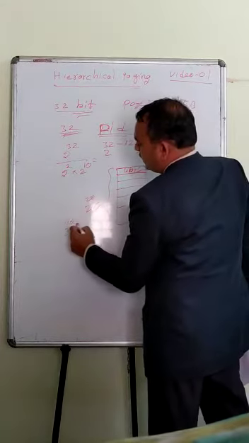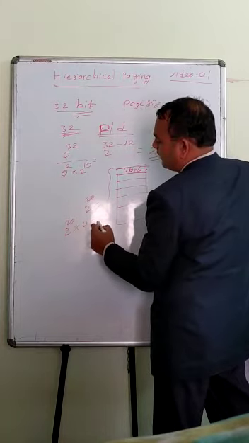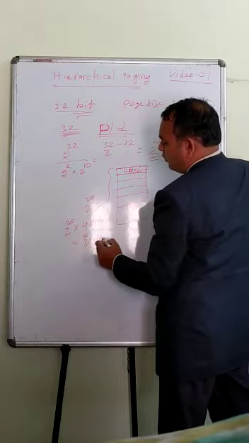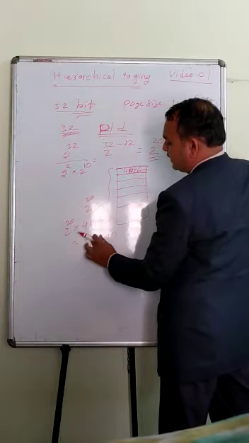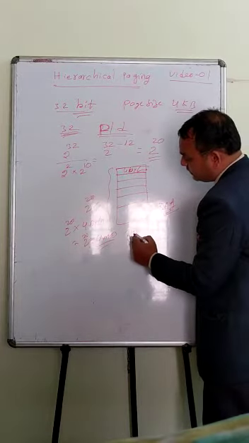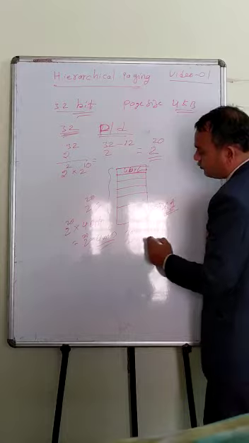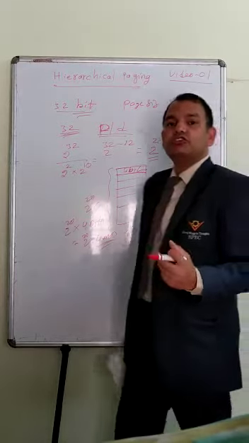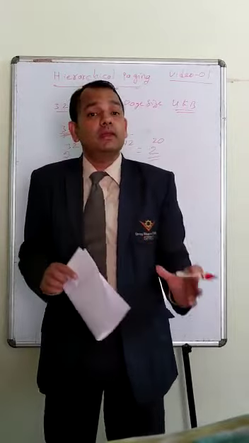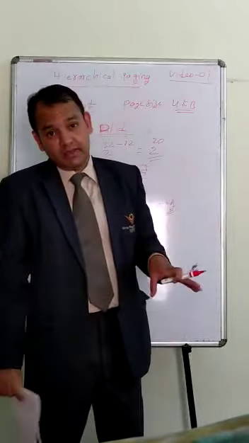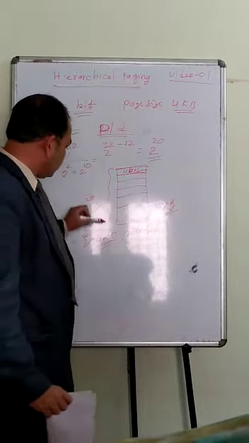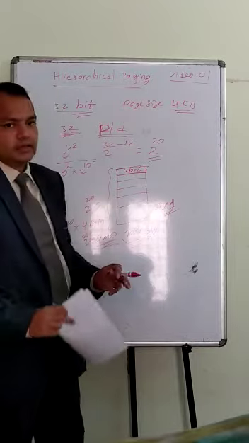Then 2 power 20 times 4 bytes is equal to 4 MB table size. A 4 MB table is a huge table to store in a particular frame in the main memory, in the RAM.